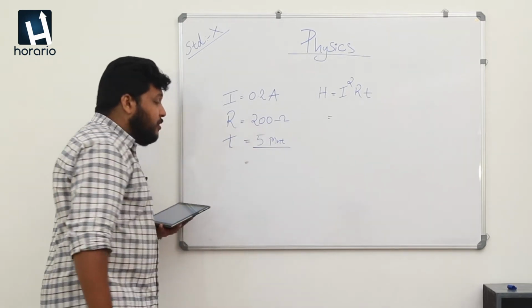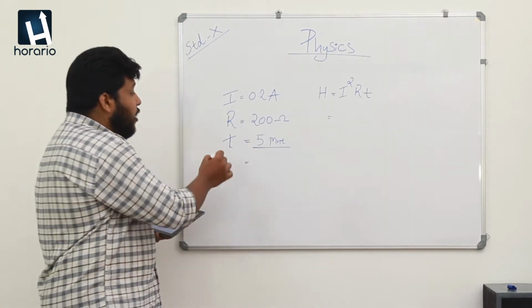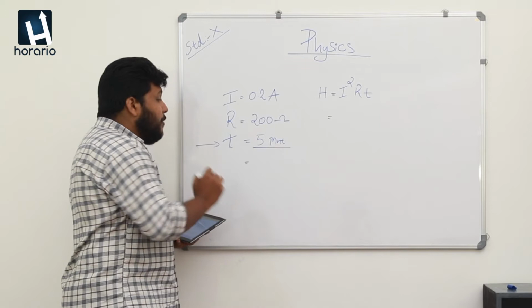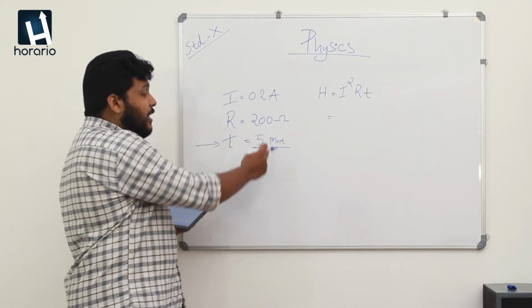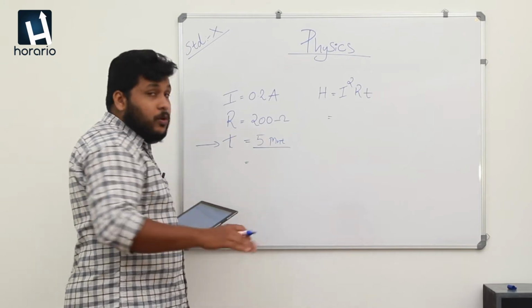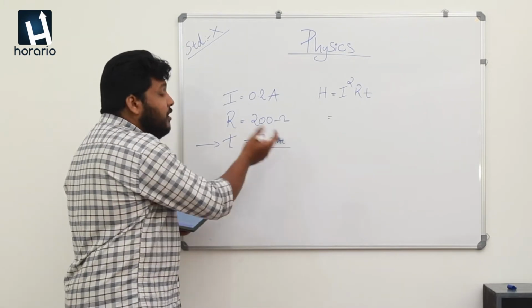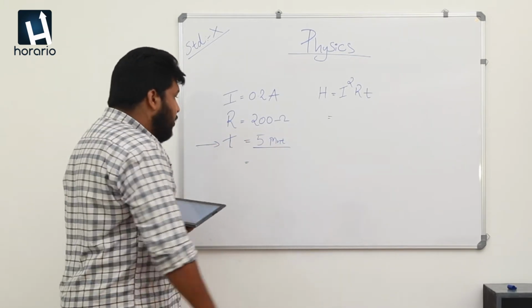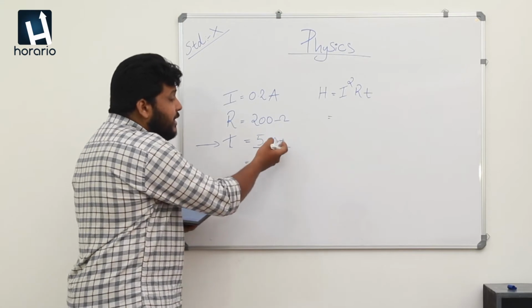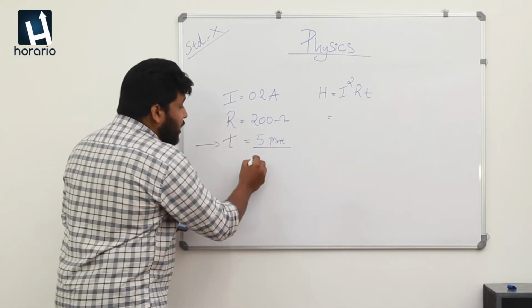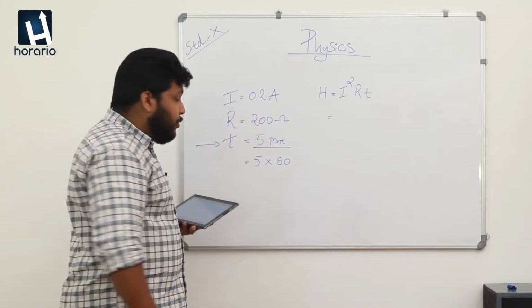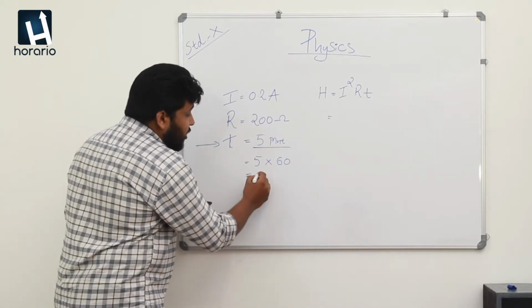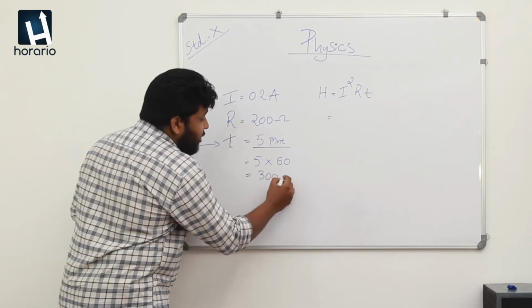So students, please take care: always the time must be in seconds. If the time is given in minutes or hours, you want to convert it into seconds. For converting minutes into seconds, we multiply the given value with 60. So 5 into 60 means 300 seconds.